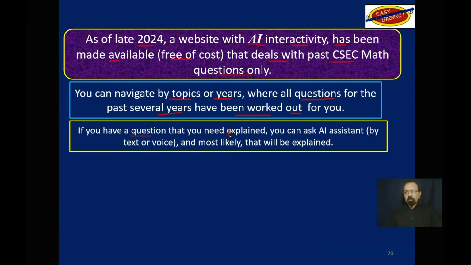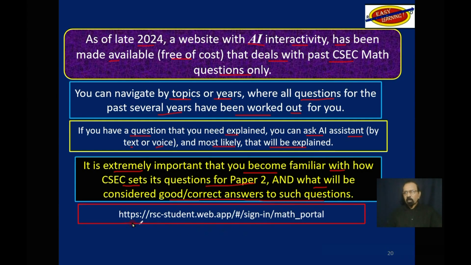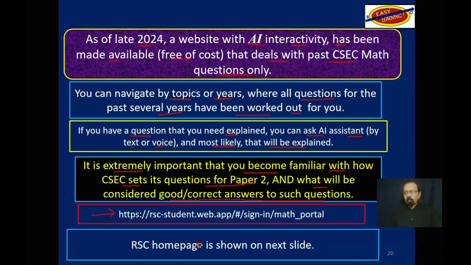If you still have a question that you need explained after that, you can ask the AI assistant either by text or voice, and most likely that will be explained for you. It is extremely important that you become familiar with how CSEC sets its questions for paper 2 and what will be considered good or correct answers to such questions. That is the URL for this website.